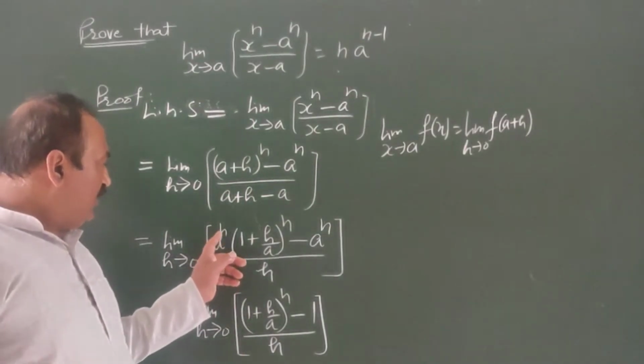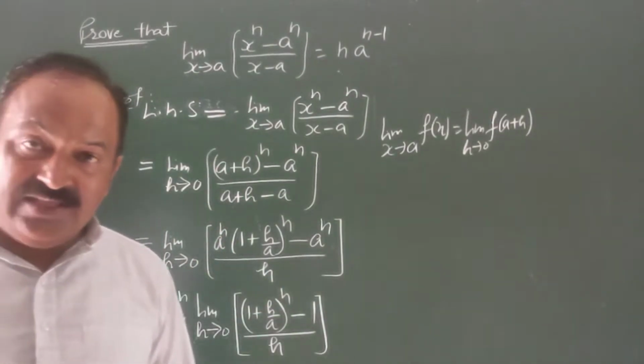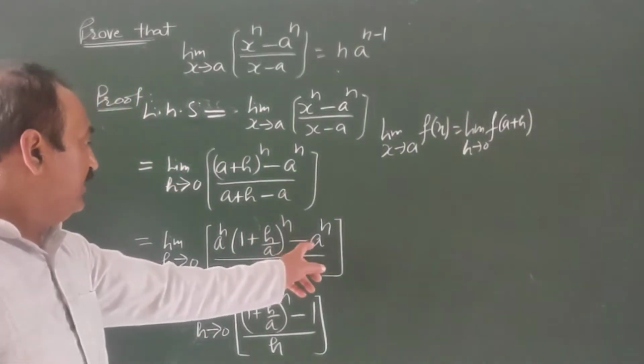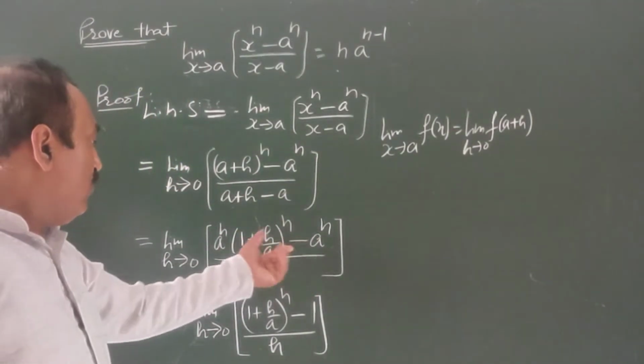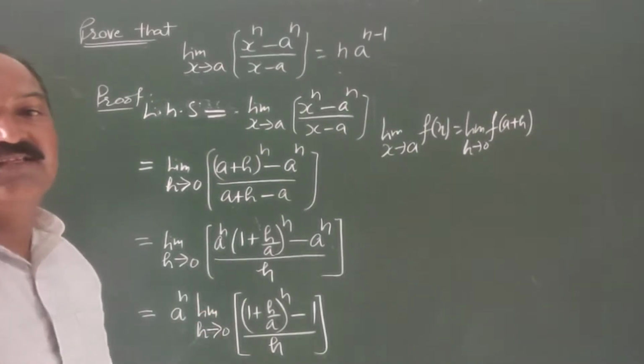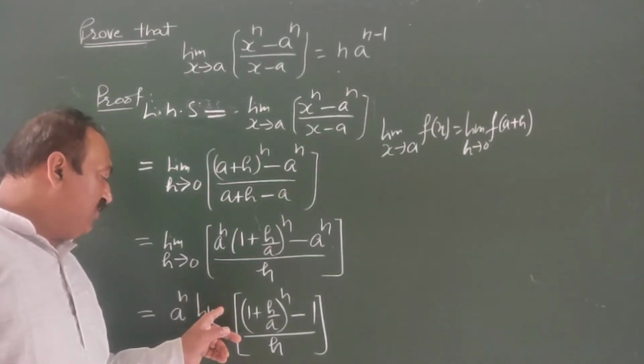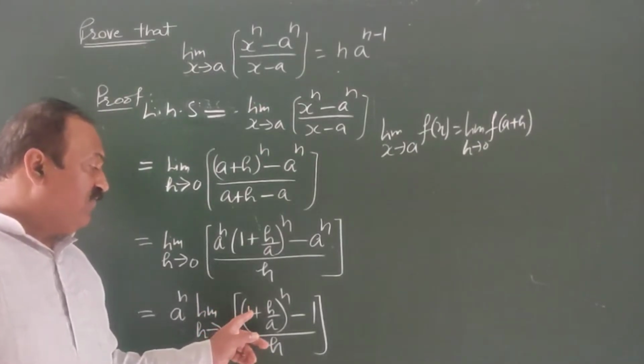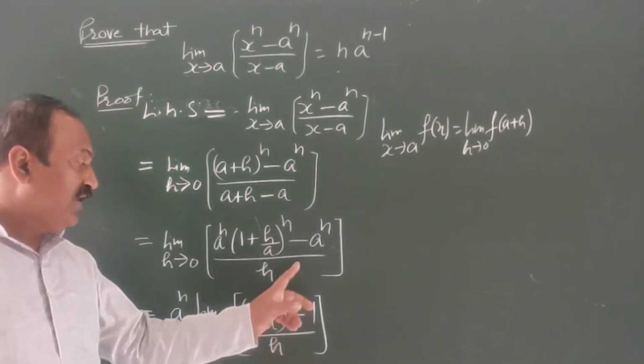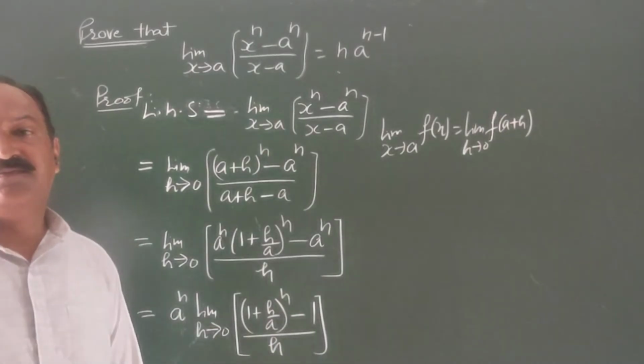Now a raised to power n is a constant with respect to h, therefore we can take a raised to power n common and take it outside the sign of limit. We get a raised to power n limit of h approaches to 0 1 plus h upon a raised to power n minus 1 upon h.